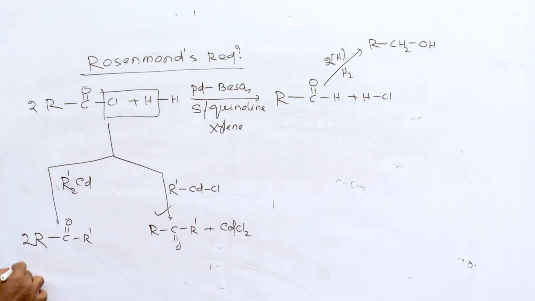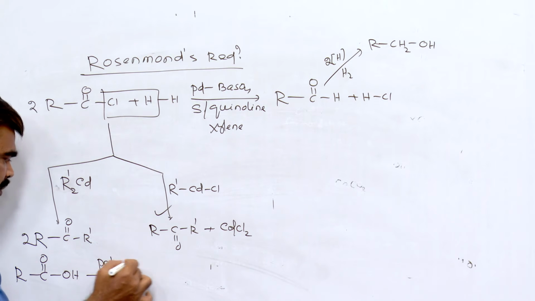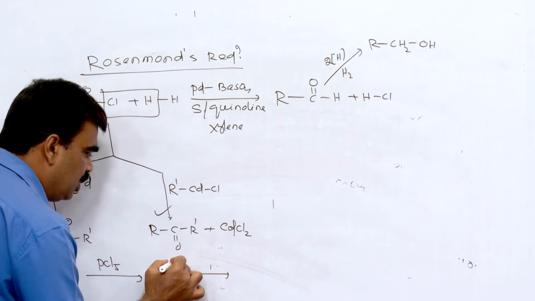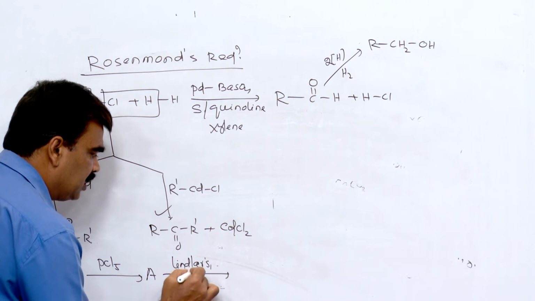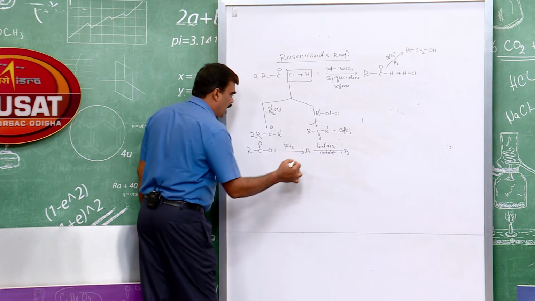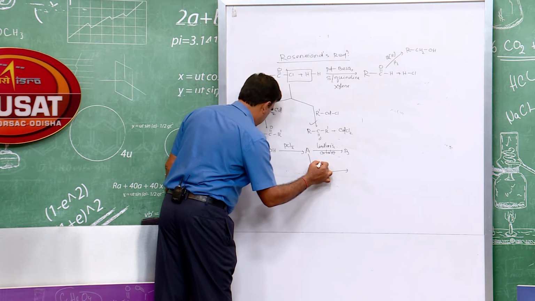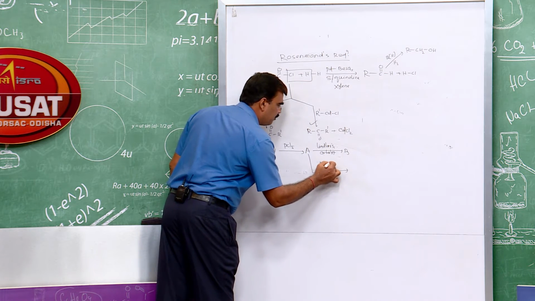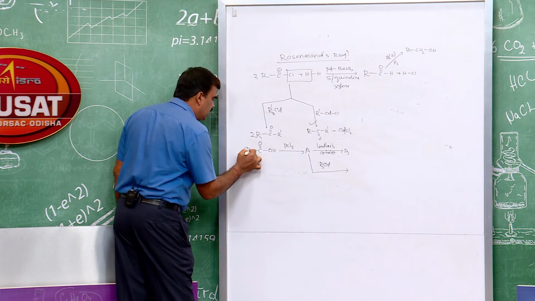So if you are asked a question like this: RCOOH, carboxylic acid, PCl5 gives A, and then Lindlar's catalyst gives B, and if you put dialkyl cadmium R2Cd, taking a particular example, acetic acid.